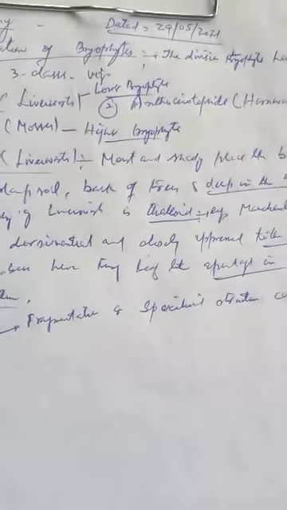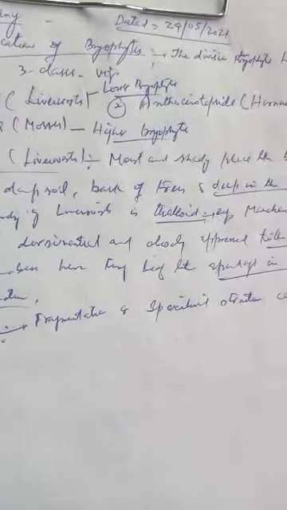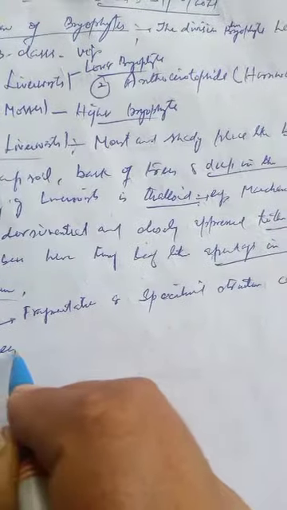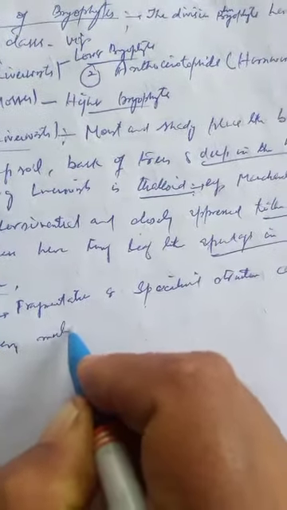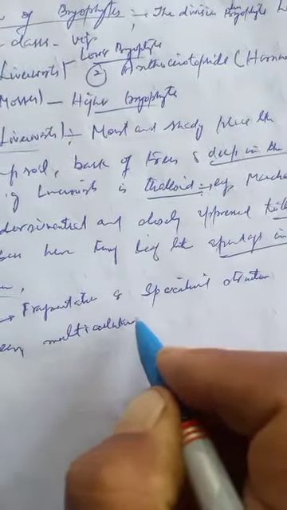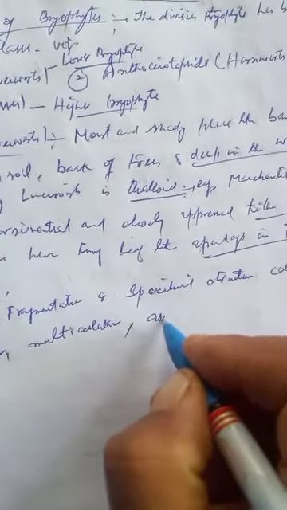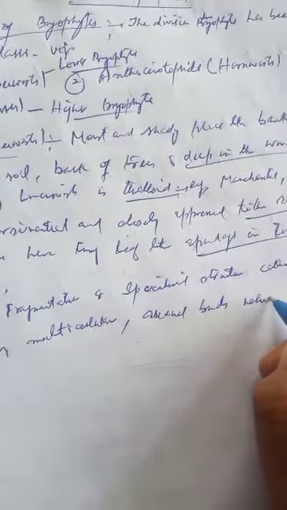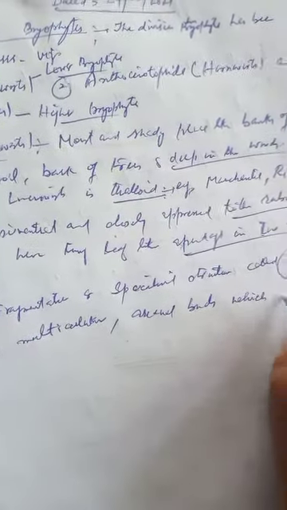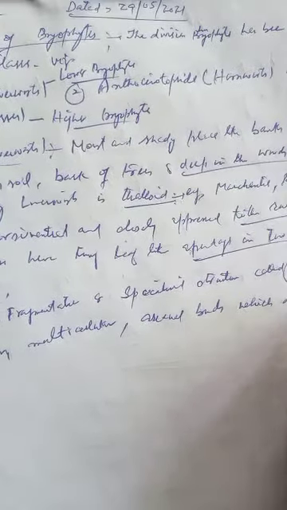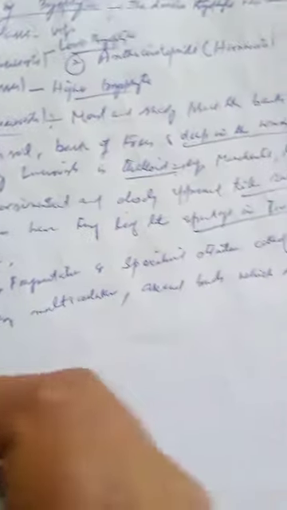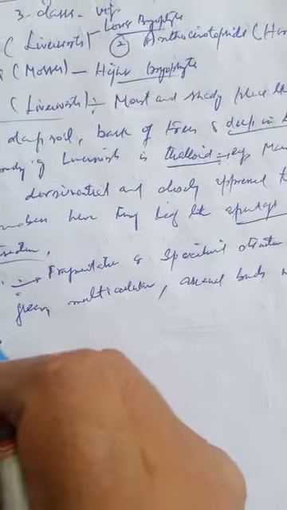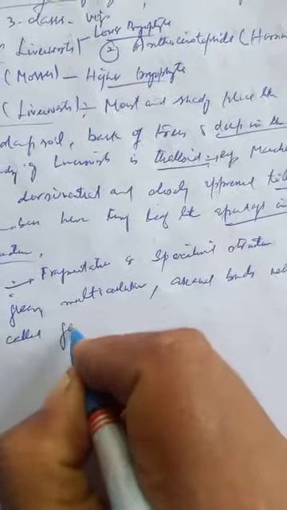Because sometimes a question is asked about gemmae. Gemmae are green multicellular asexual buds which develop in small receptacles called gemma cups.